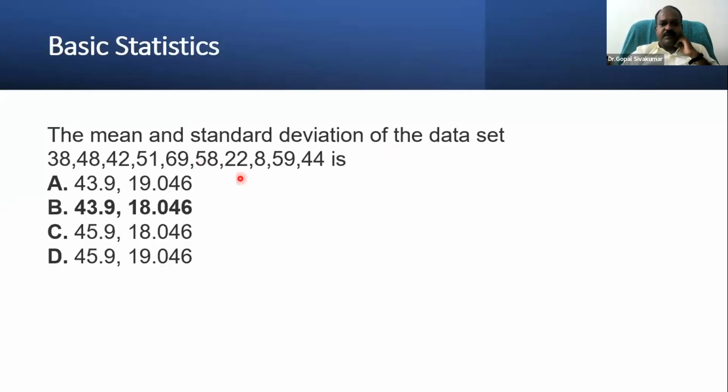The mean and standard deviation of the data set. If I give you a data set, do you think you will be able to calculate mean and standard deviation? If the numbers are provided, type them in Excel. Find out the mean. You have the formula for mean in Excel, equal to AVERAGE, isn't it? Similarly, for standard deviation you have STDEV.S.